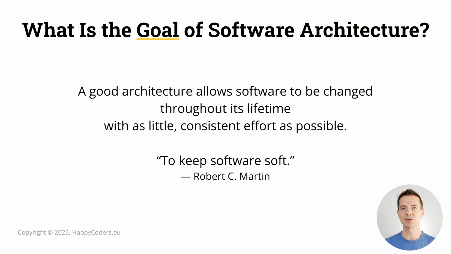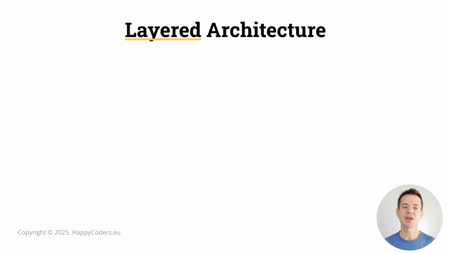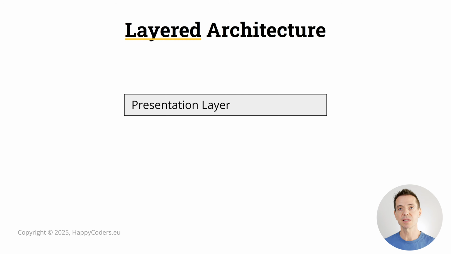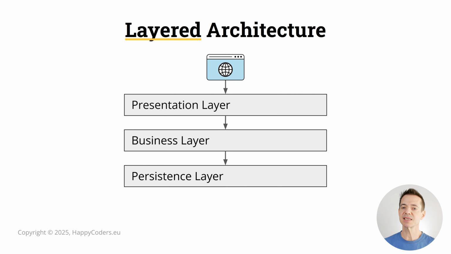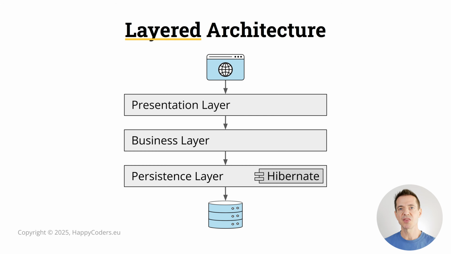How do we usually try to achieve this in software? With layered architecture. We all know it. We usually have the presentation layer with the user interface, the application layer with the business logic, and the persistence layer with, for example, a relational database and an OR mapper such as Hibernate. In many projects, however, this clean separation doesn't last very long.